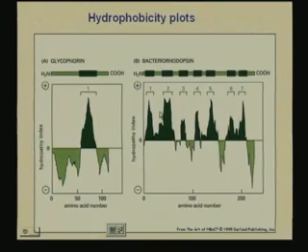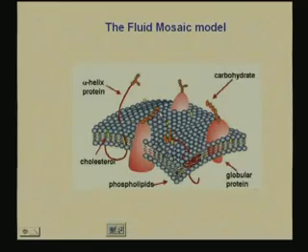Now, if we go back to the fluid mosaic model, we have therefore our polar head groups. The polar head groups that have the specific fatty acid chains, the globular proteins that are going to have transmembrane helices. The transmembrane helices are going to allow the transfer of ions from the outside of the cell to the inside of the cell.